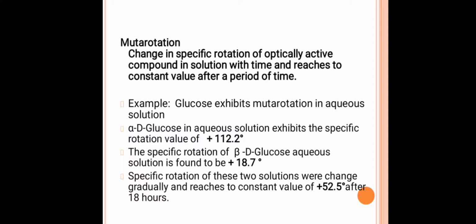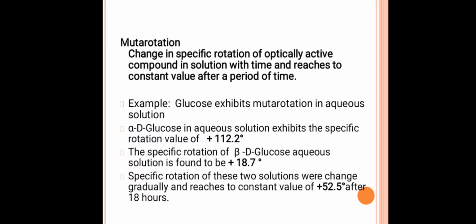When glucose is dissolved in water and placed in a polarimeter, we will observe the following changes. If the glucose is the D form, pure alpha D pyranose, then it will exhibit a specific rotation of plus 112.2 degrees. That means it is a dextrorotatory compound.